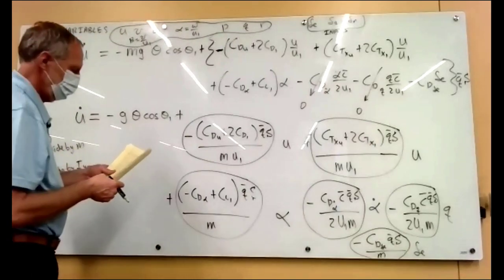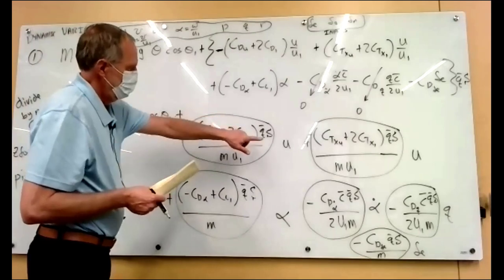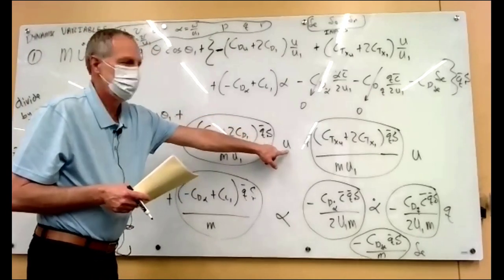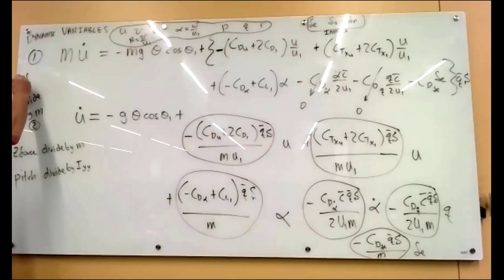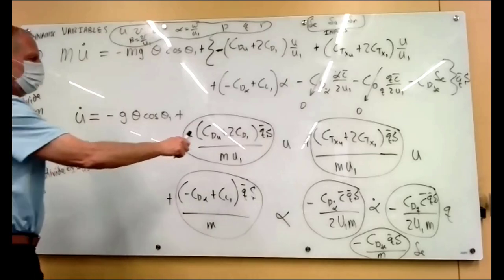And this is the effect of U on the X force equation. Which sounds like a branch of the military. So that's the X force equation, and it's the effect of U.